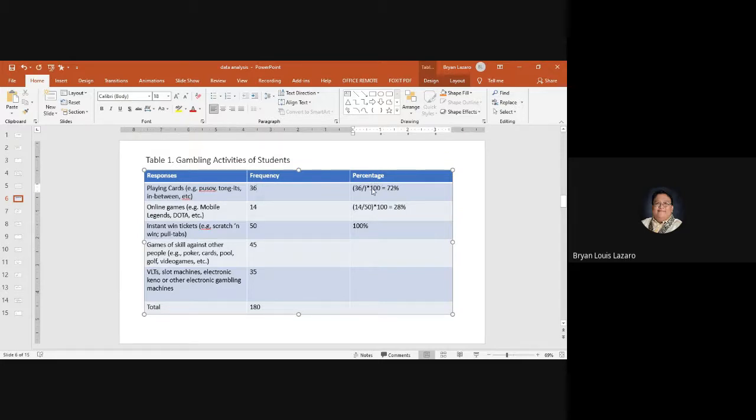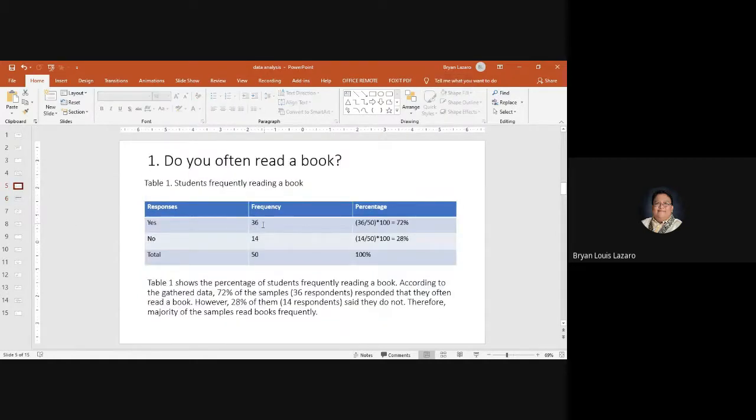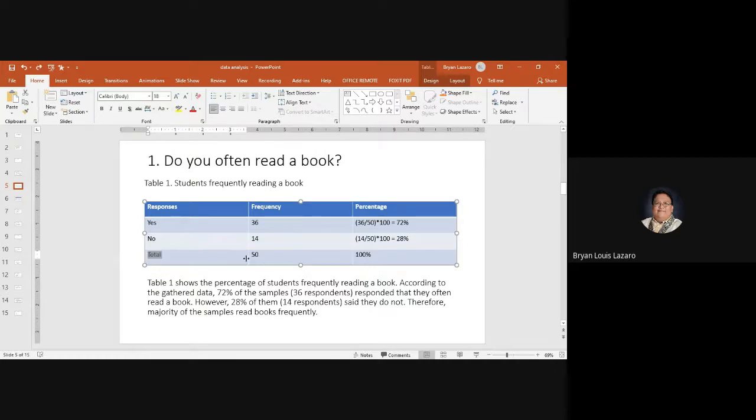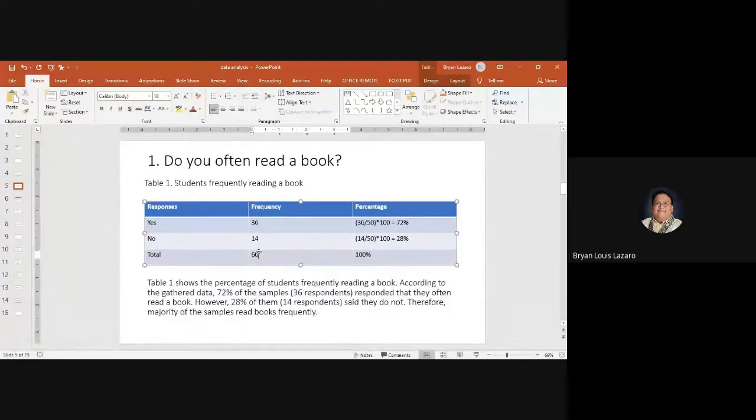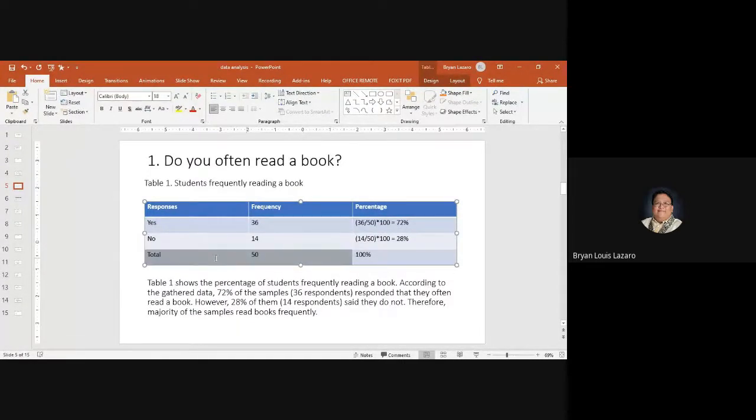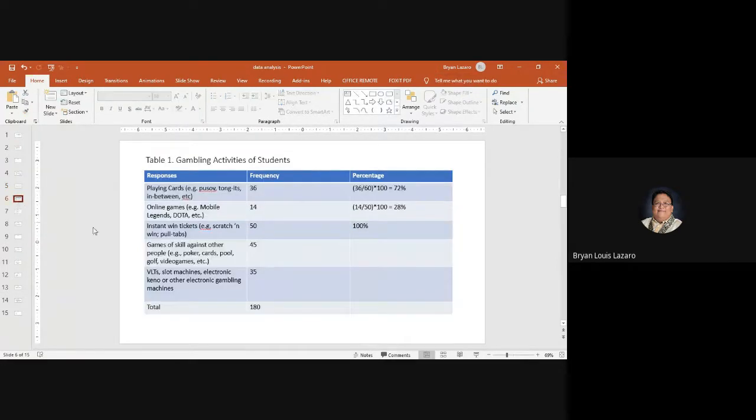Hindi katulad nung yes or no kanina, na sa total mo siya dinivide. Itong total ay 50, sorry. Sa 50 mo siya dinivide. This time, hindi mo siya i-divide sa total na ito.